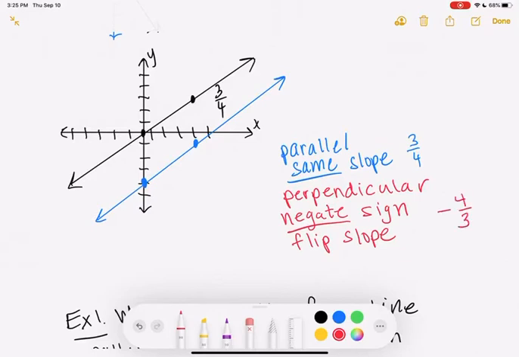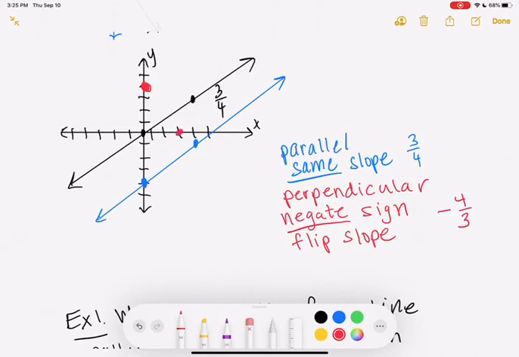It's 4/3. And if we went up, let's see, I'm just going to go up 1, 2, 3, head up here to start. And then I want to make a negative slope. I'm going to try to show you that it's perpendicular, meaning that it has a 90-degree angle where it's going to hit that other line. So I'm going to go down 4 and over 3.